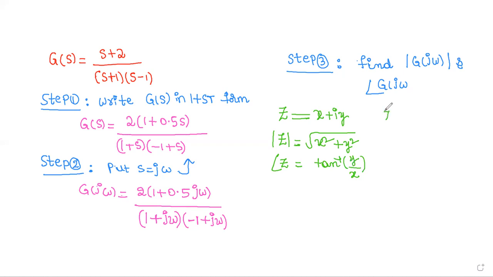Another case. Let us consider z equal to minus x plus iy. Here the real part sign is negative and the imaginary part sign is positive. Minus plus lies in the second quadrant. So modulus z equal to root over minus x whole square, which means x square only, plus y square.